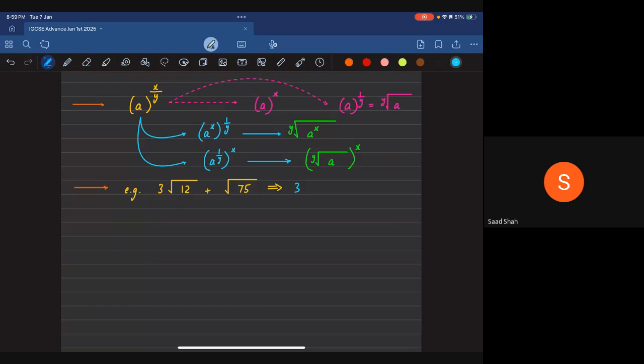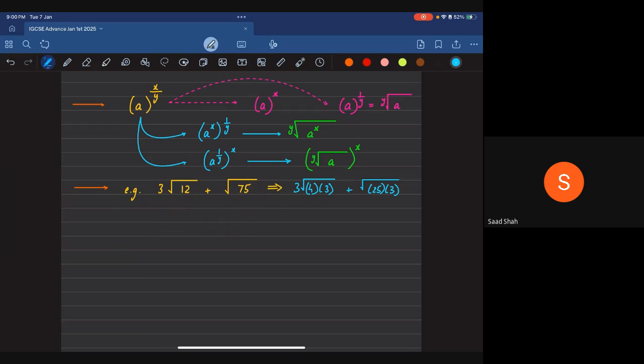So can I not break this down as 3 under root 4 times 3 plus under root 75? 75 can be broken down into 25 and 3. The reason I did not break 12 down into 6 and 2, and 75 into 15 and 5, is because 6 and 2 and 15 and 5 are not going to help us any bit, because they're not perfect squares either. 4 and 25 are still perfect squares.